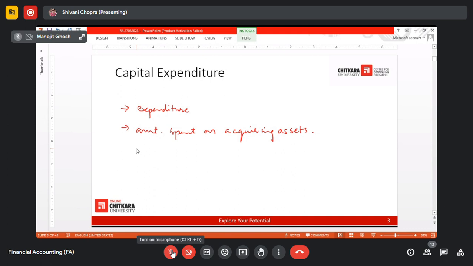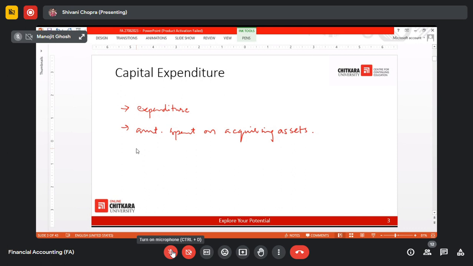Whatever the business is making, it is going to recover itself through revenue, through sales. And when I say how the business is recovering, which accounting concept am I referring to? When I say that business is making an expenditure which it is going to recover from the revenue, which accounting concept am I referring to?